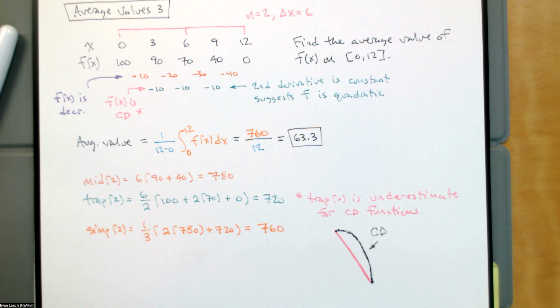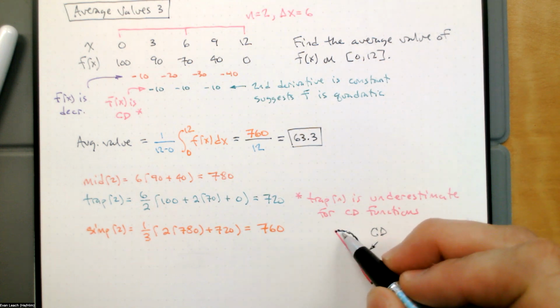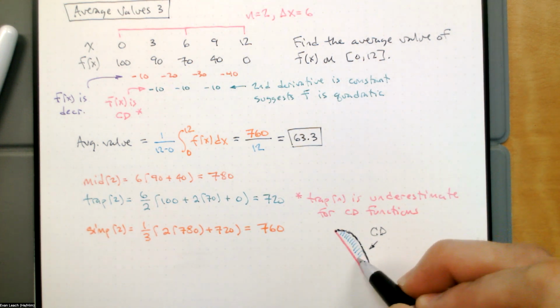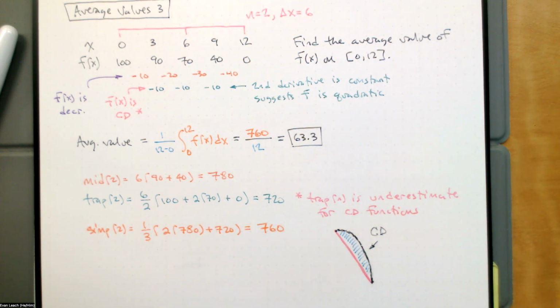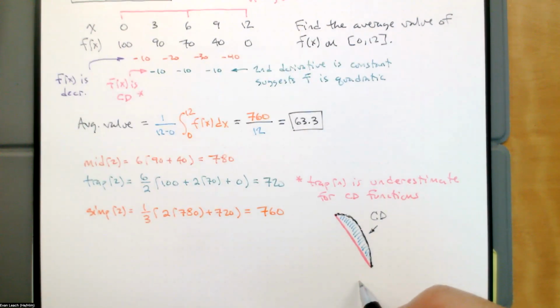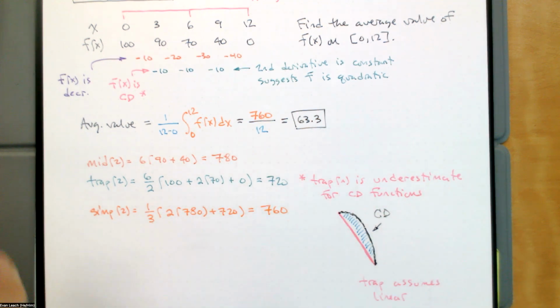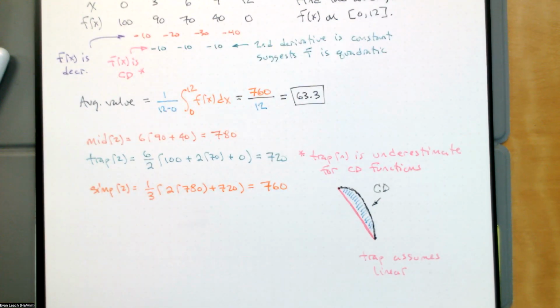That space is an underestimate. The assumption in a trapezoidal approximation is that we have a linear function. So if I connect those points with a line, then we can see we have an underestimate. There's area that we want that is missing.